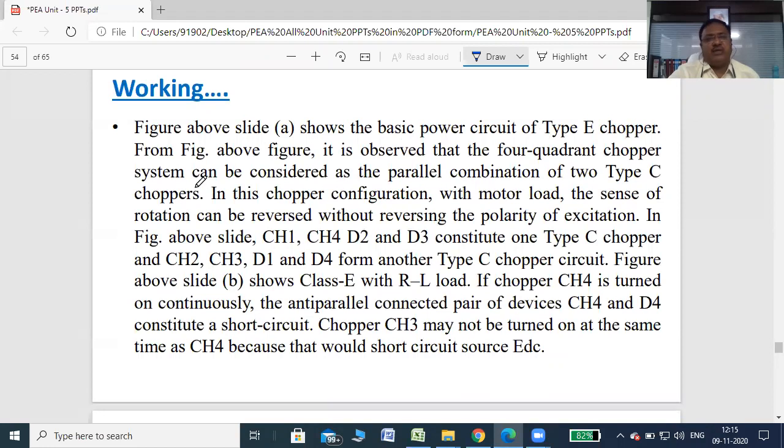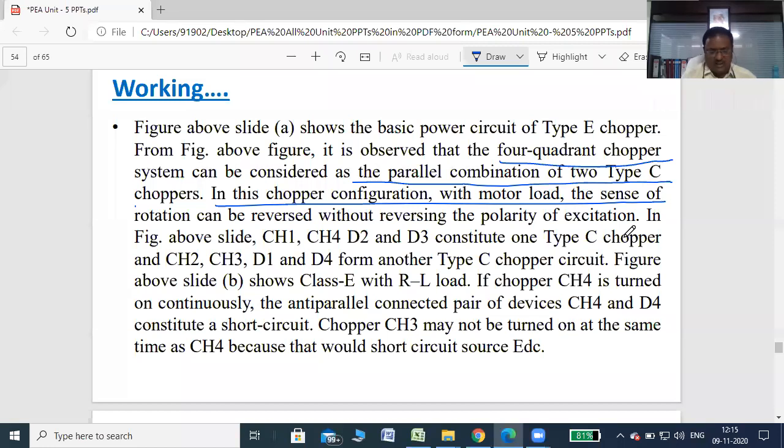Basic power circuit of the type E chopper. It is observed that the four quadrant chopper system can be considered as a parallel combination of two type C choppers. In this chopper configuration with a motor load, the sense of rotation can be reversed without reversing the polarity of excitation.